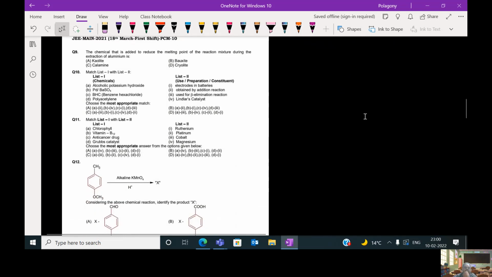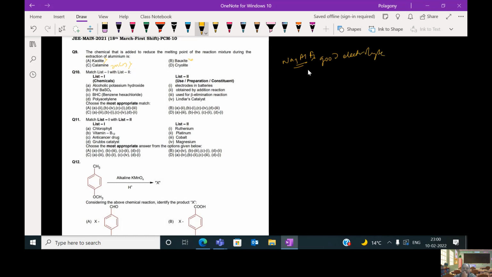Now, the ninth question: the chemical that is added to reduce the melting point of the reaction mixture during the extraction of aluminium. Coalite is wrong. Bauxite is the ore of aluminium, and calamine is zinc carbonate, not appropriate. Cryolite, Na3AlF6, is a good electrolyte.